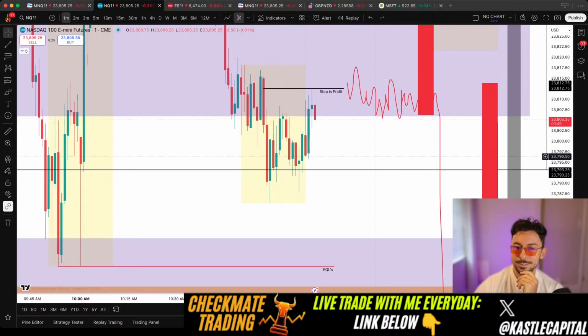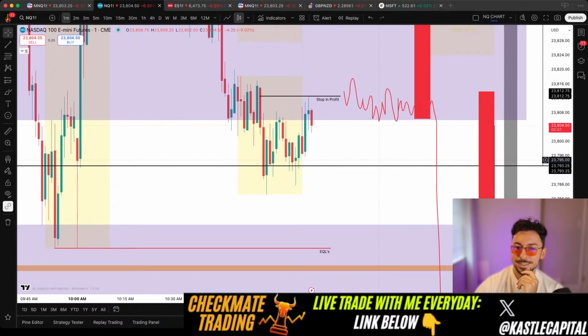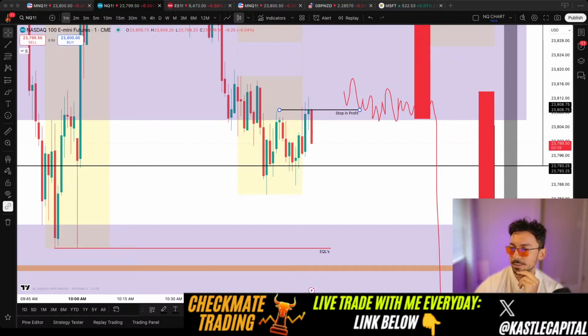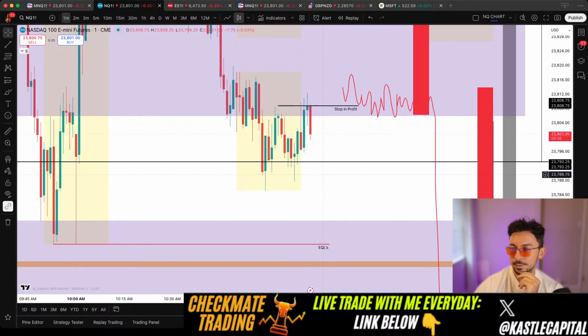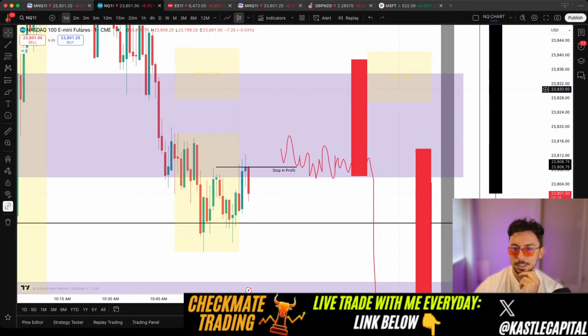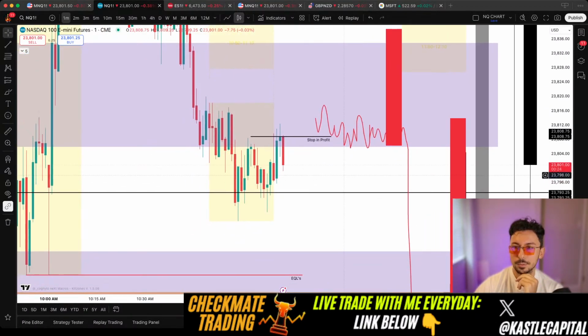Dump through this now. Okay, so I'm considering moving my stop in profit to here. Yeah, that's what I'm going to do, guys. I'm moving my stop in profit to this candle's high right here. I want this body to hold and continue. If it doesn't continue, then we're probably going to see more consolidation until the next macro, which is at 11:50, and I don't want to be a part of that.